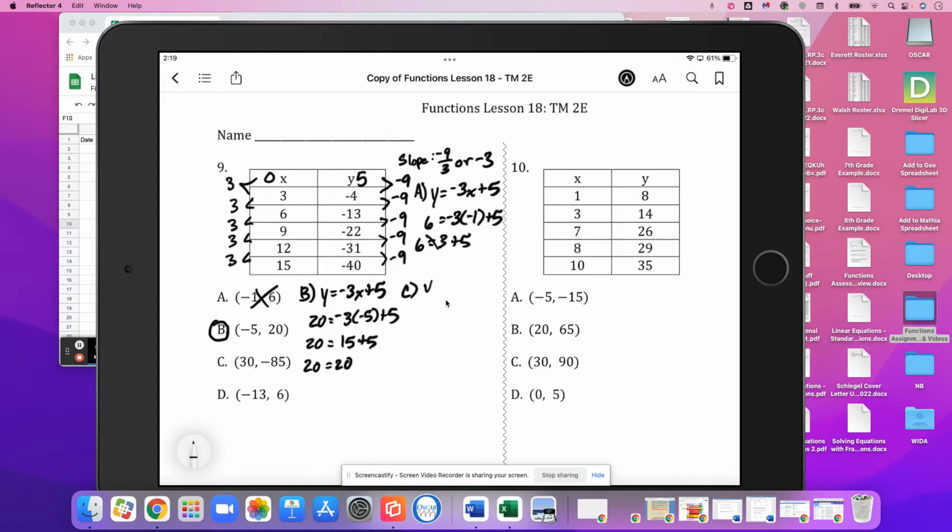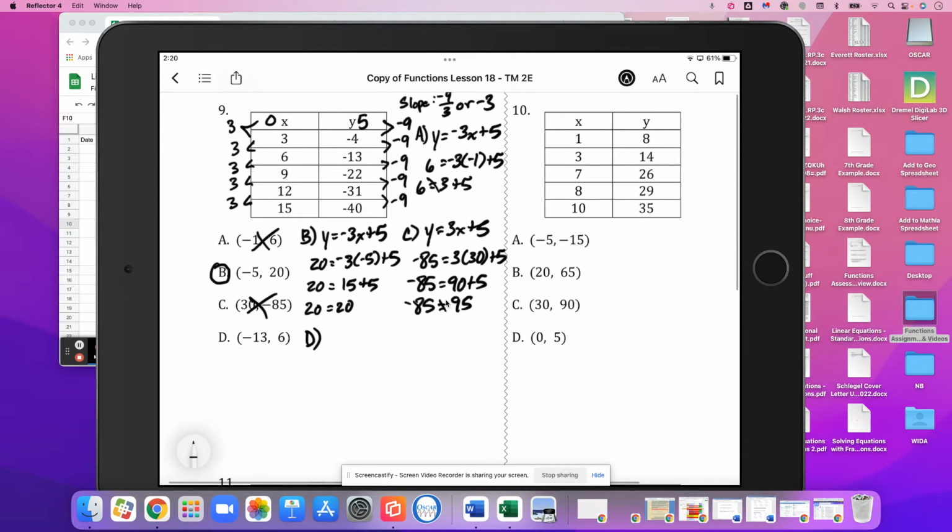For C, y equals 3x plus 5. So we've got negative 85 is equal to 3 times 30 plus 5. This one is obviously not going to work. So negative 85 is equal to 90 plus 5. No, negative 85 is not equal to positive 95. So C is out.